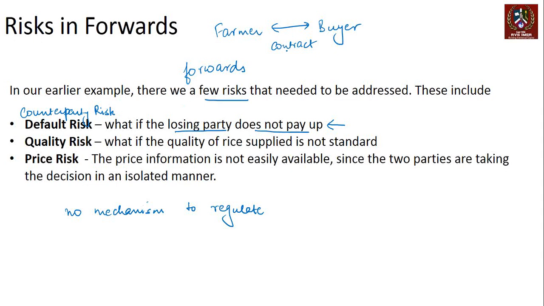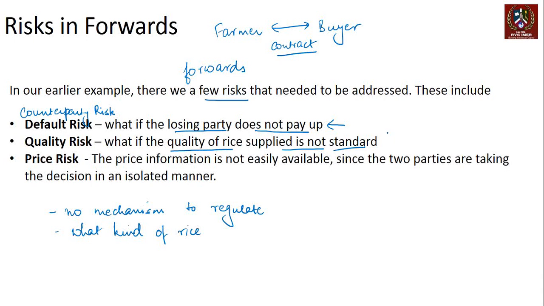The second part was there was a contract to buy rice, but what kind of rice is not known, right? So is the quality standard? Is the quality at a particular metric? Above it, below it, we don't know. So what if the quality of rice supplied is not standard, right?